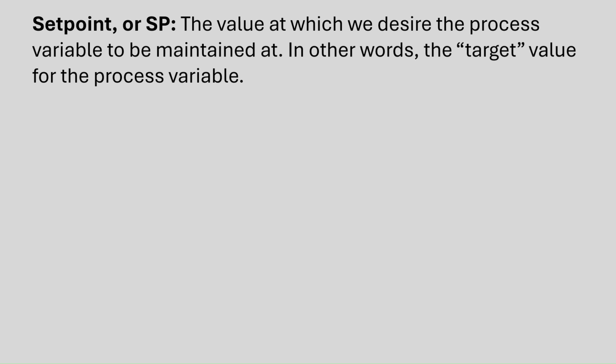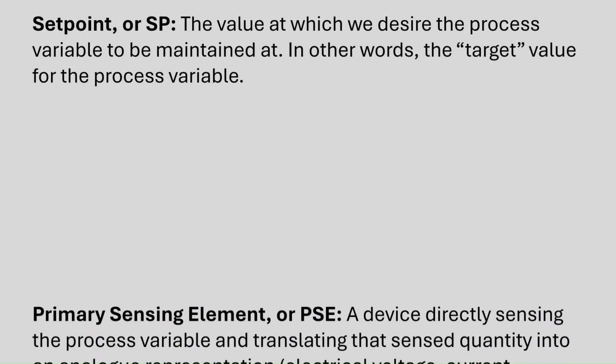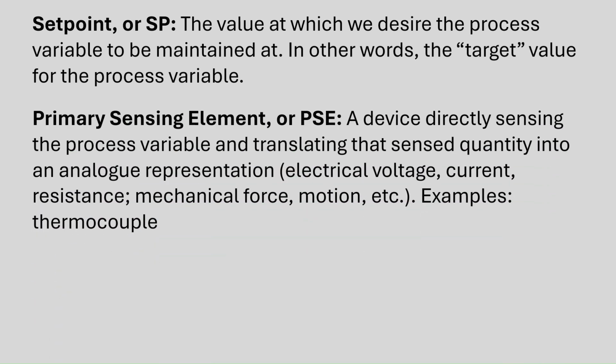We also have the set point, or SP, which is the value at which we desire the process variable to be maintained. In other words, the target value for the process variable. We have a primary sensing element, or PSE, which is the device that directly senses the process variable and translates that sensed quantity into a standardized signal that we can then measure and follow up with.